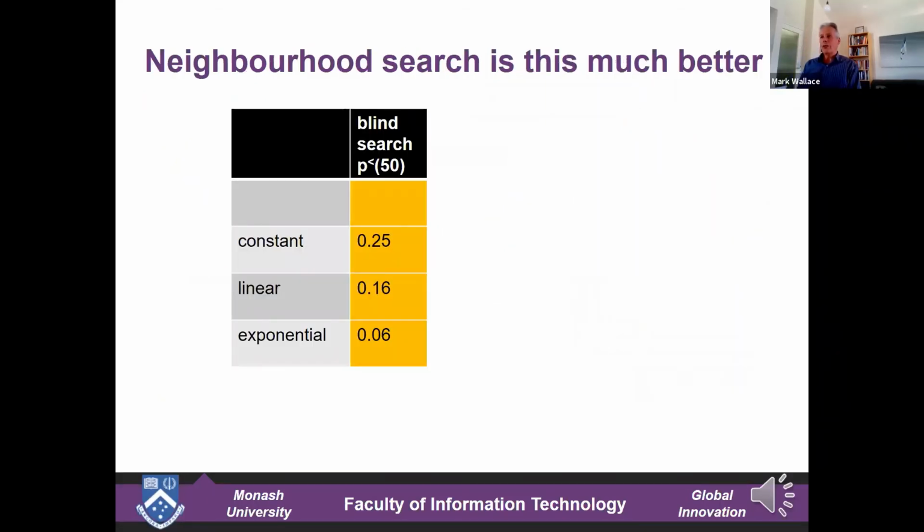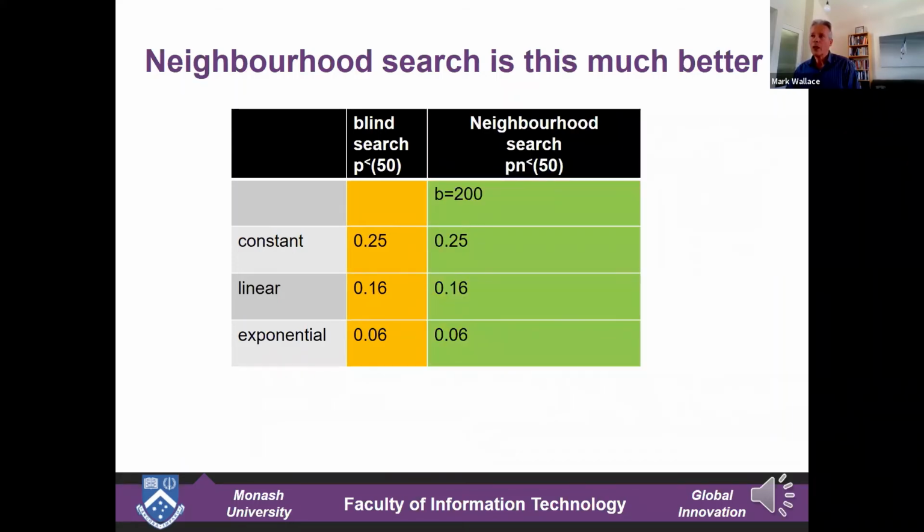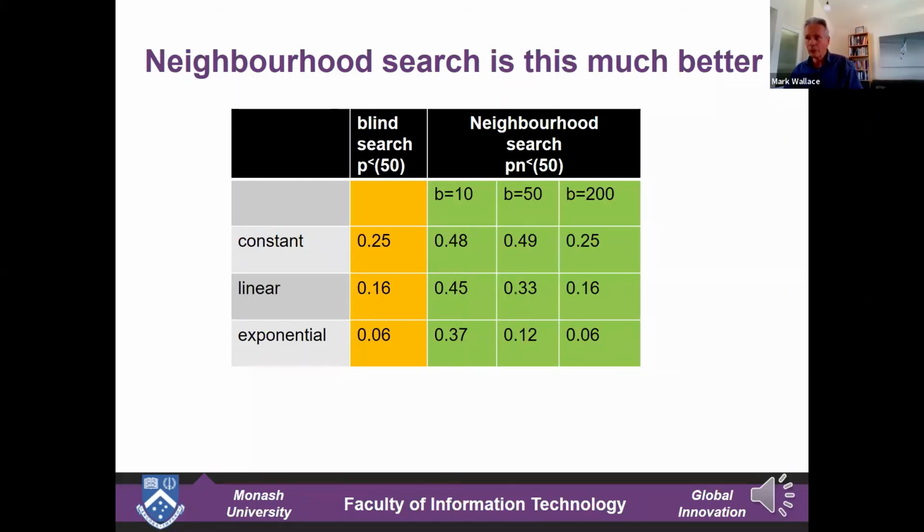So now, if we treat blind search, and we've got the constant problem set, then the probability of having fitness better than 50 is just a quarter. If it's linear, it's slightly less, and if it's exponential, it's much less. And if we're using neighbourhood search with this maximum fitness difference band, then we get exactly the same probabilities. But as we take tighter and tighter neighbourhoods, it can go up.